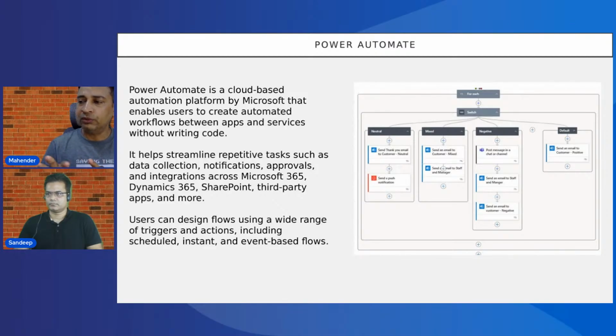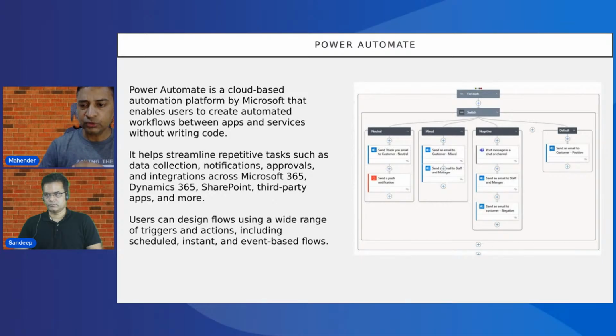Those controls we can use for checking, and based on that we decide which step it will execute. We can also do looping if there are multiple data, if there is an array or a collection that we want to process. We have for each loops and different loops which we can run on the collection, and one by one we can extract that information.